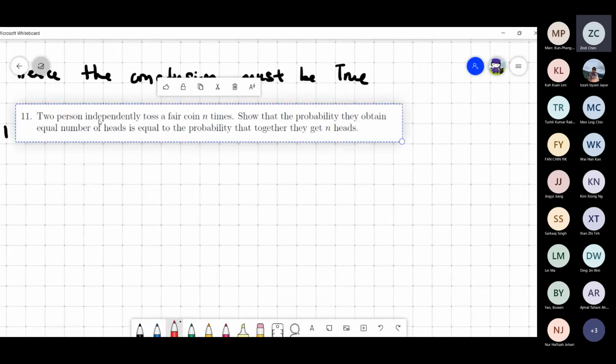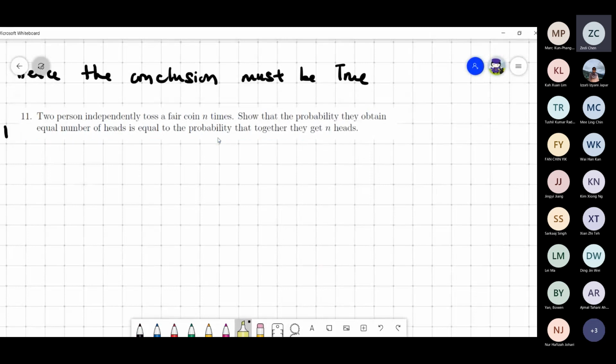Two persons independently toss a fair coin n times. Okay, first keywords will be here. That means I'm going to have 2 independent events here. Show that the probability that they obtain equal numbers of heads is equal to the probability that together they get n heads.